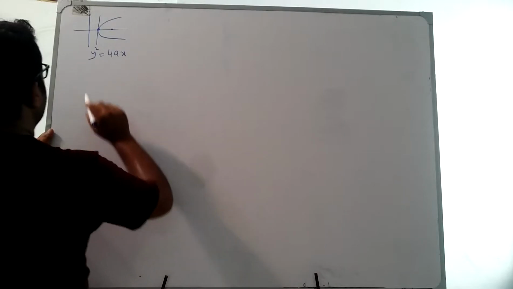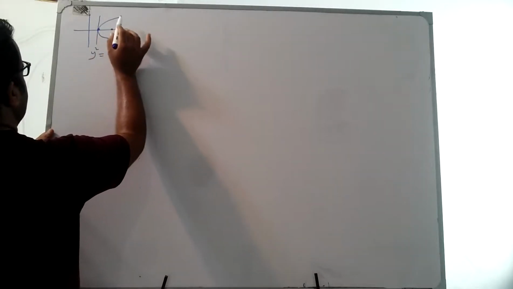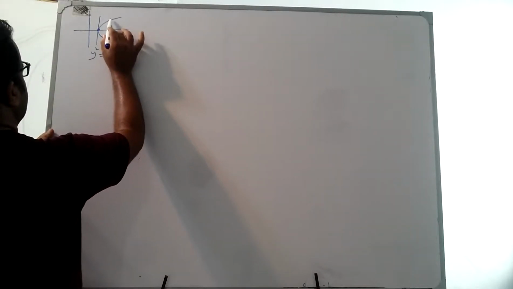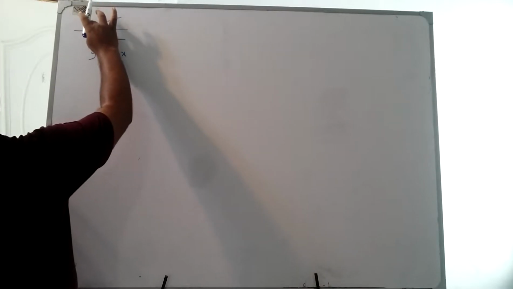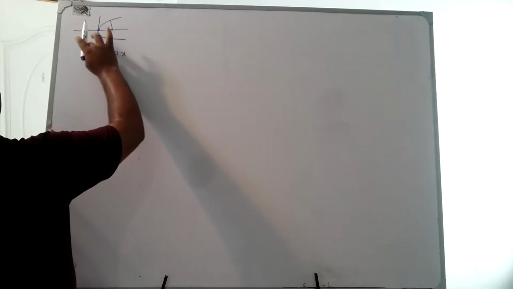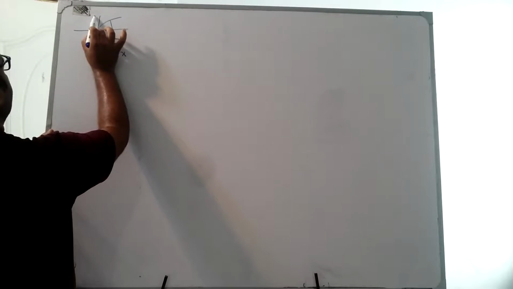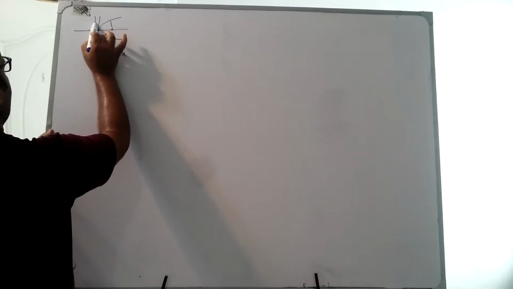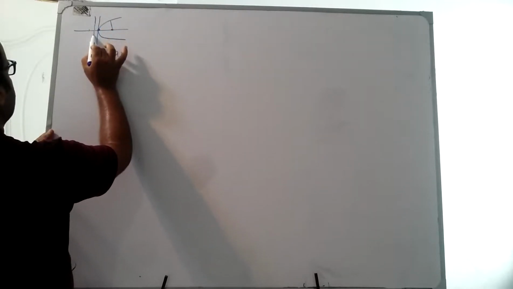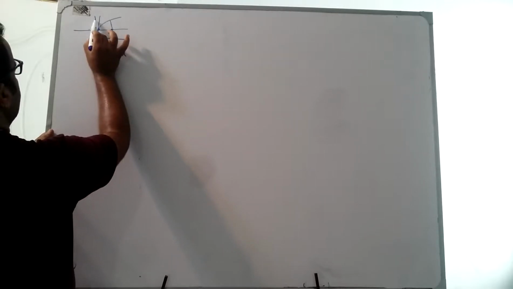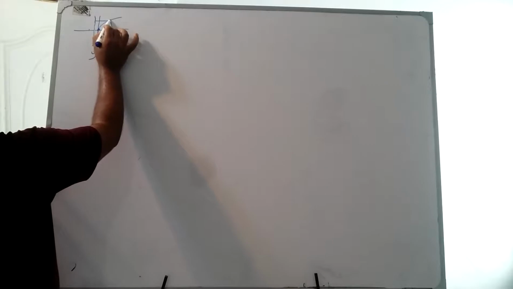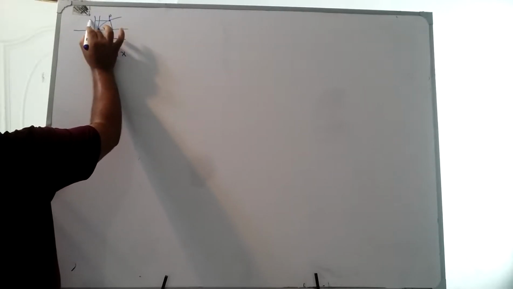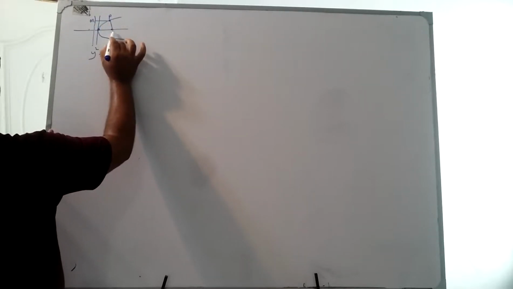And in case of a parabola, we know the length ratio is always the same. This length to the directrix line. Suppose the directrix line is this, and this length will be the same. P, M and F, which is the focus.